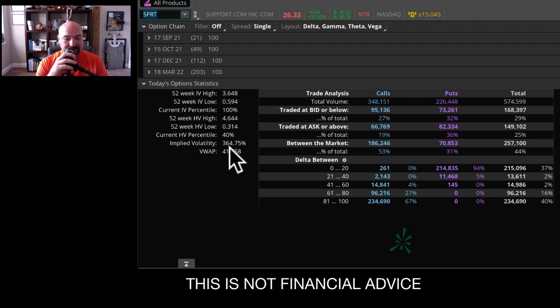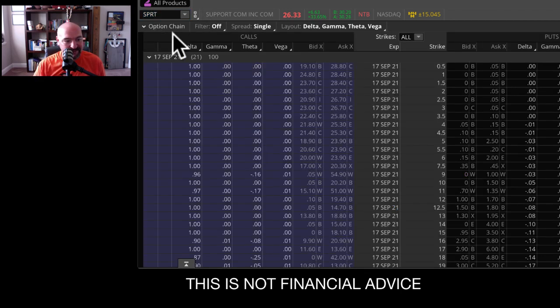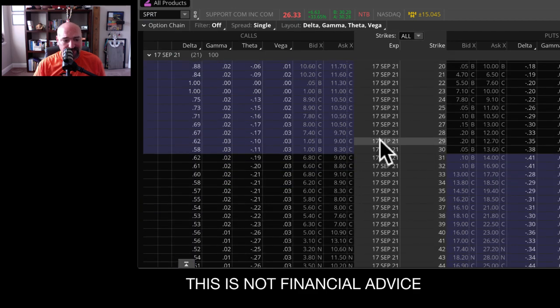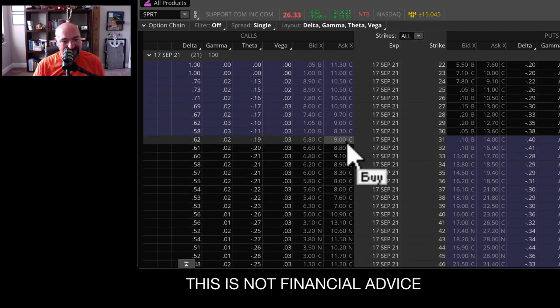So, that's even more than double the high IV of AMC. So let's look at the at the money options for these. So at the money on September 17th, ridiculously high IV, $9 a contract for a stock that's trading almost half the price of AMC, and 0.03 Vega.